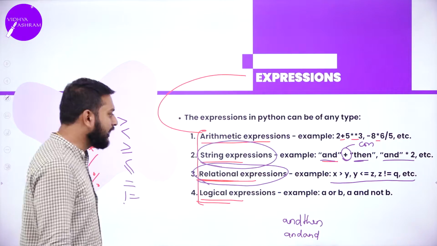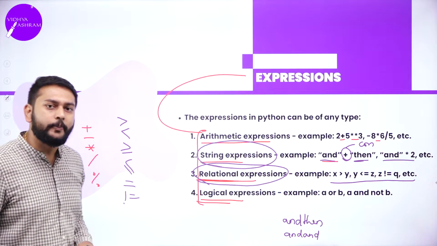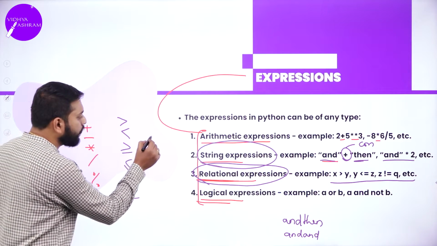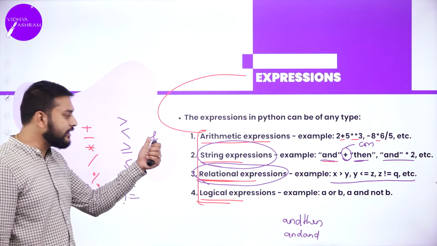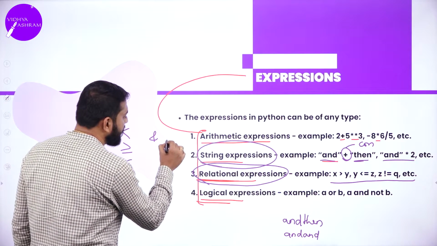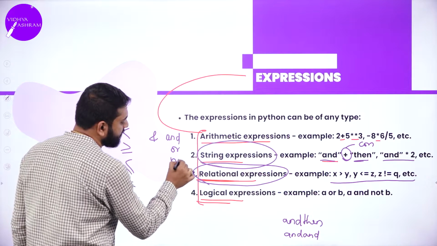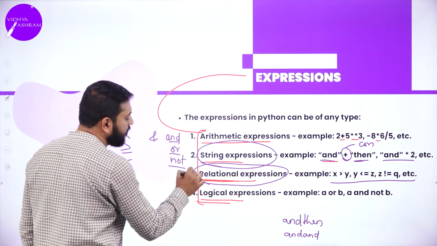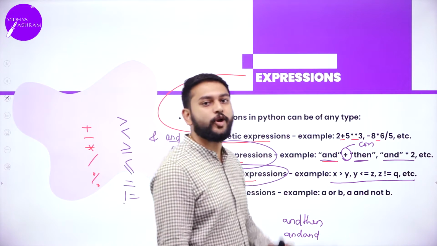So moving on to the last one, the logical expression. What are logical operators? Can you all recollect? So we have and. Do we write it like this? No, we don't write like this. Instead of that, we use and, or, not. These are the logical operators.